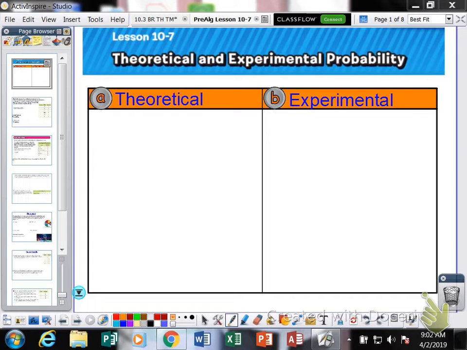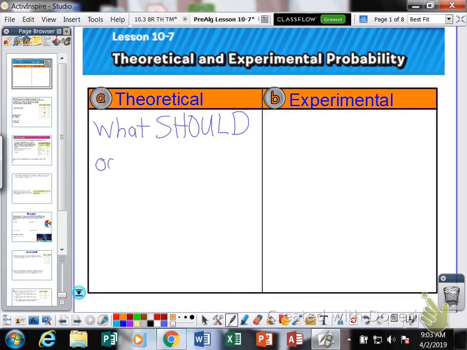Theoretical probability is what should occur when conducting a probability experiment.